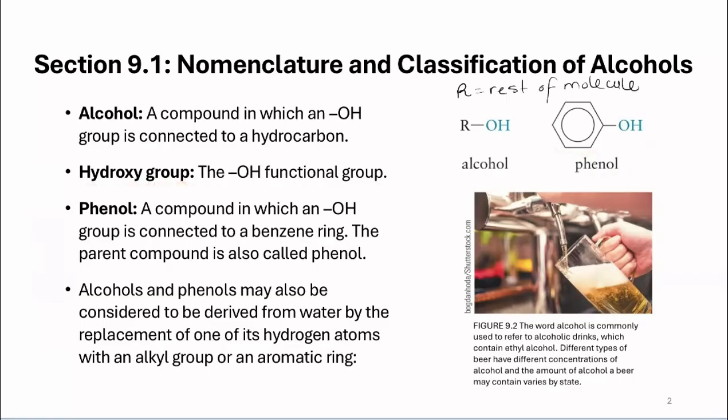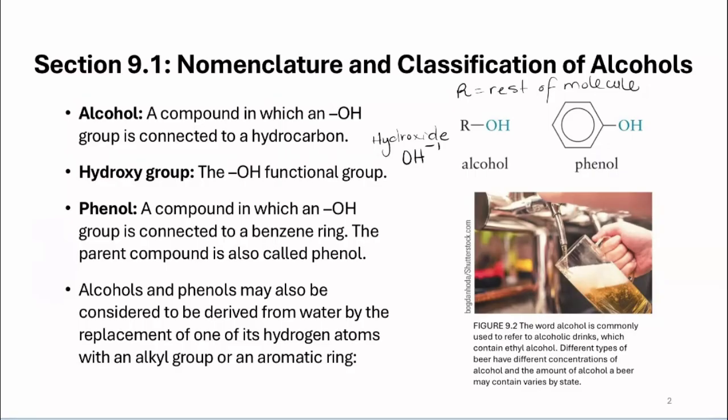Back when we were doing general chemistry, we saw the hydroxide ion. So let me just write it down. Hydroxide represents when OH has a -1 charge, and it is an ion.